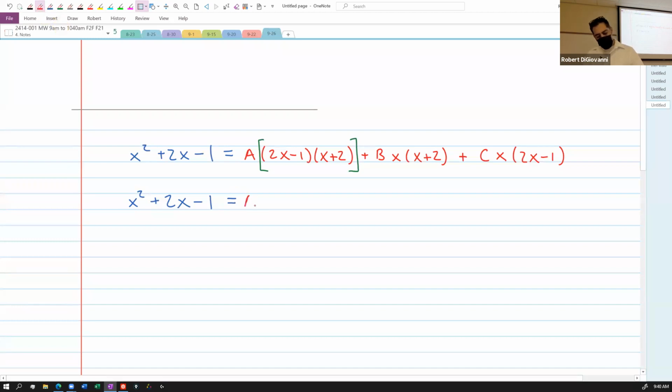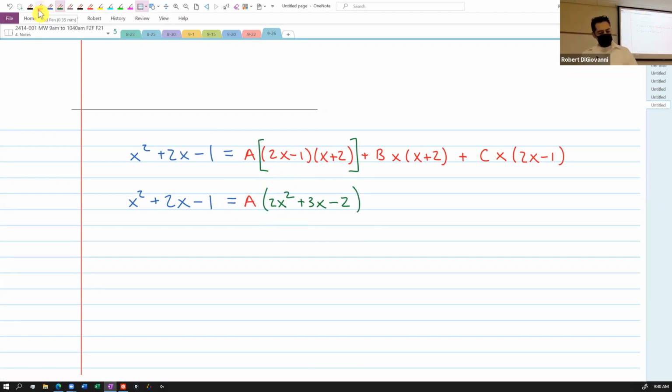You should get A, and then everything in there should turn into 2x squared plus 3x minus 2, right? That's that. I don't like brackets. I'm going to put parentheses instead. That was just so you wouldn't forget that the A has to come through still.